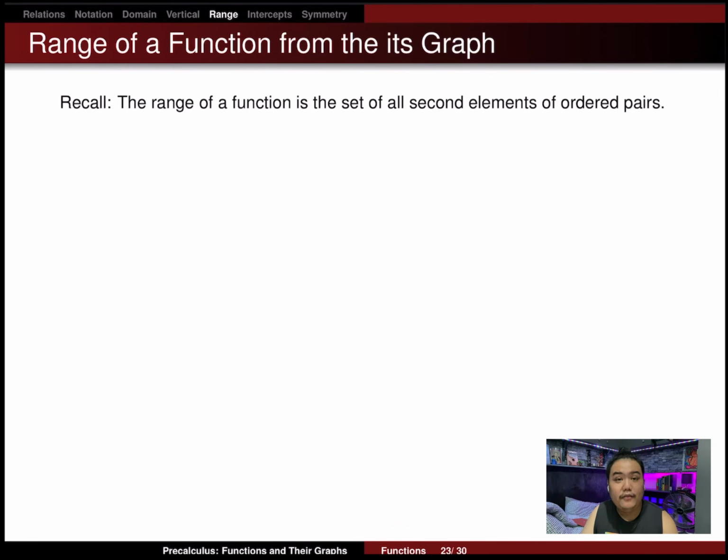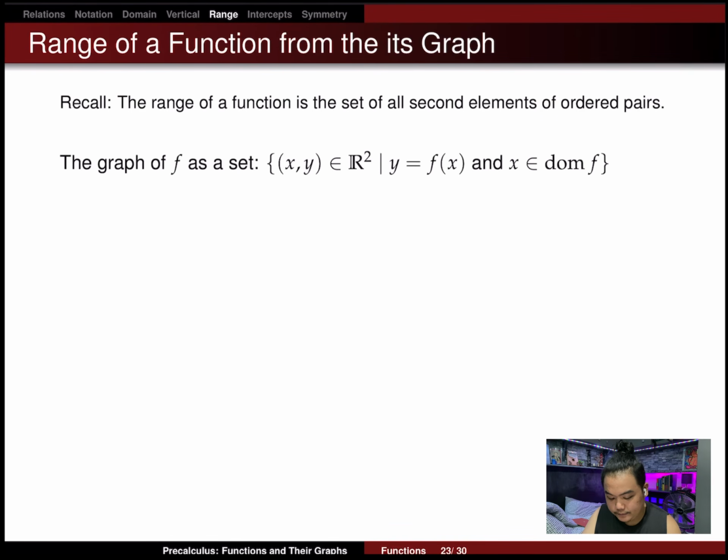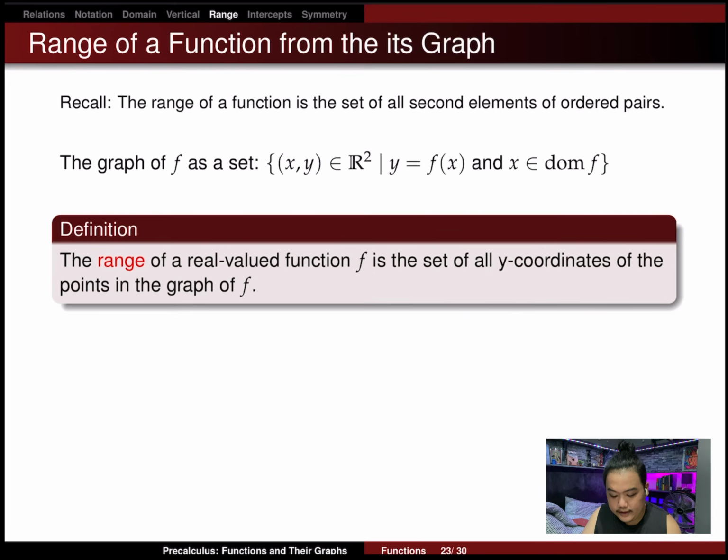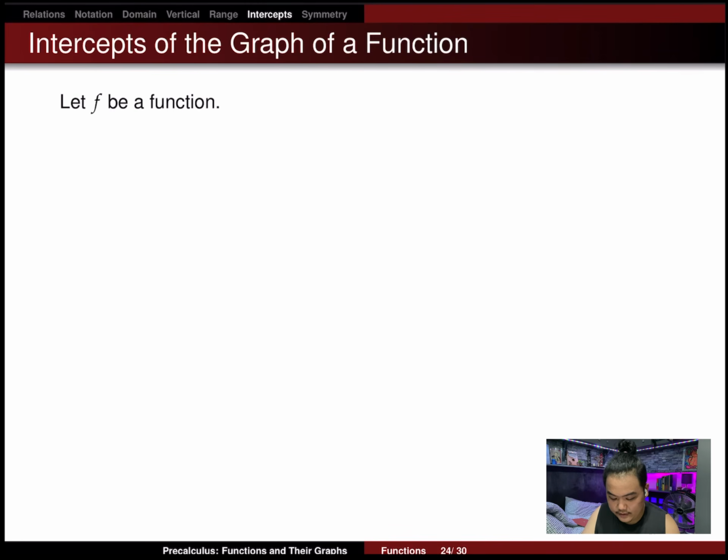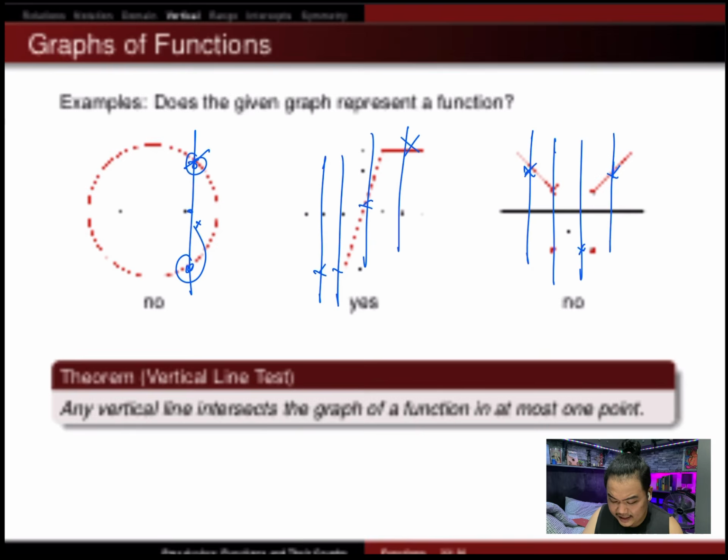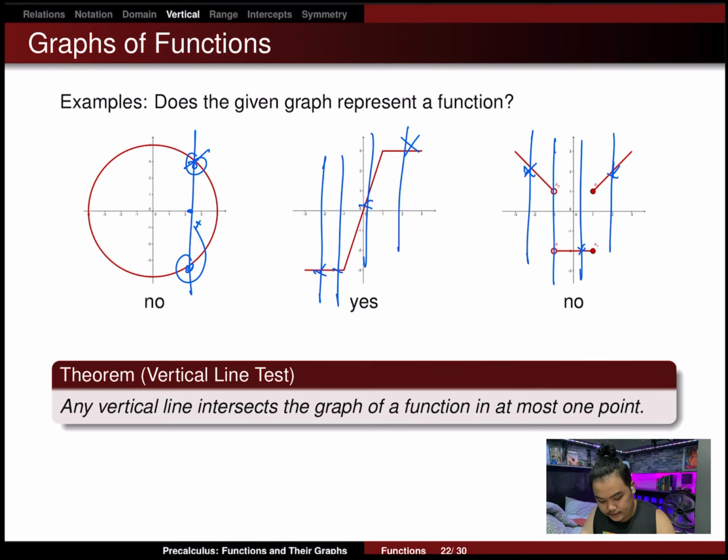Okay, the range of a function is the set of all second elements of the ordered pairs. And the range of a real valued function f is the set of all y coordinates of the points of the graph of f. So, balikan natin dito. Let us get the range.